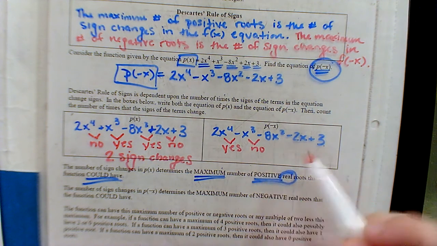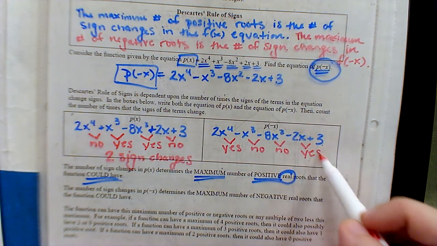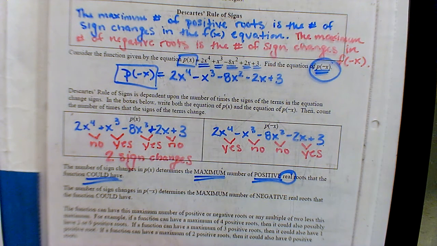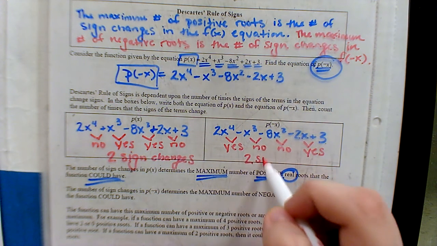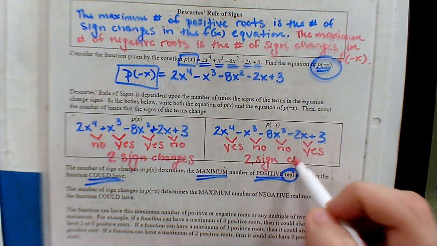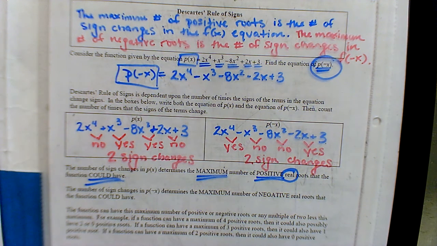The next 2 don't change. The next 2 don't change. But the last 2 do. So it looks like we have 2 sign changes again. Okay. Are we doing okay with the sign changes? Can we visually see those?